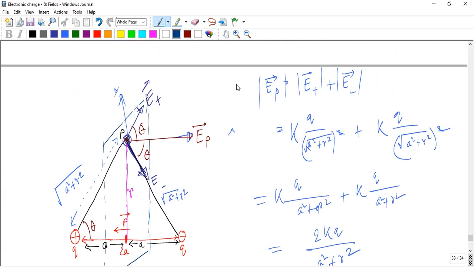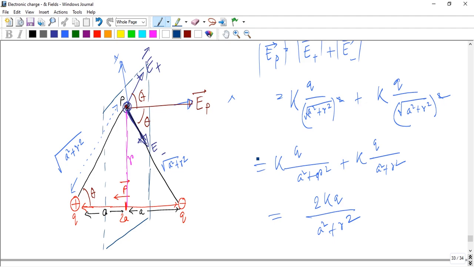If E plus and E minus are both not on the same line as EP, we take components. The X component of E plus is E plus cos theta, and similarly the X component of the E minus vector is also E minus cos theta, both in the same direction, the EP direction.